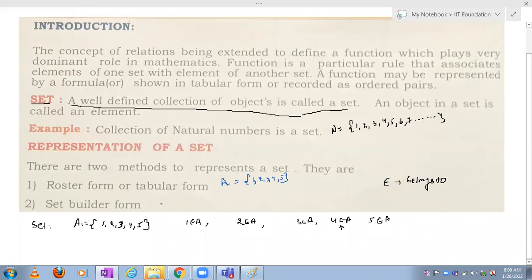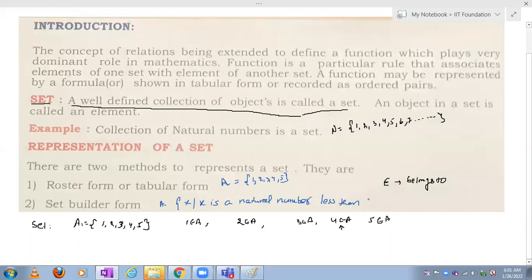How can I write it in set builder form? So we will define x, an element of the set A, such that x is a natural number. Natural numbers are 1, 2, 3, 4, 5, 6, 7, 8 like that. But here it is stopping at 5. So what do we have to write?